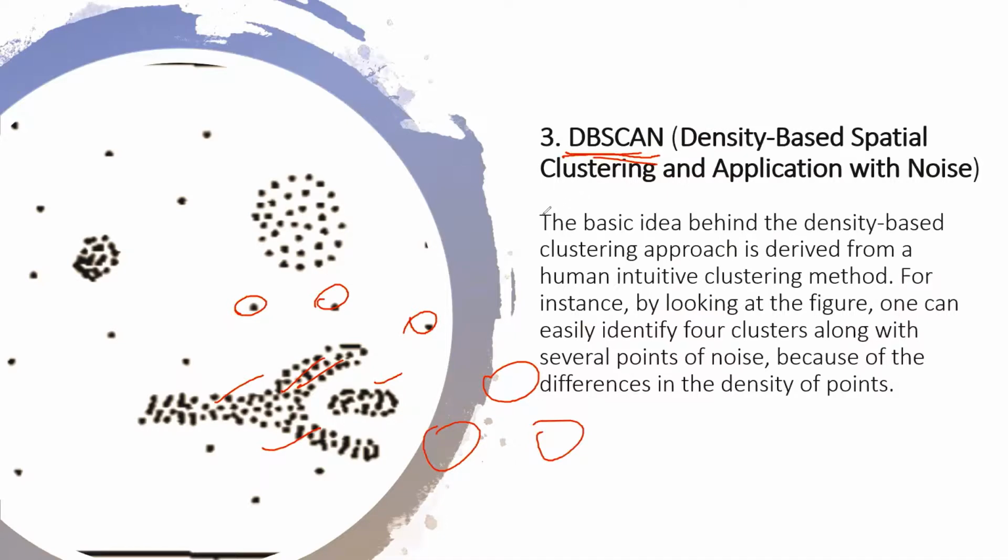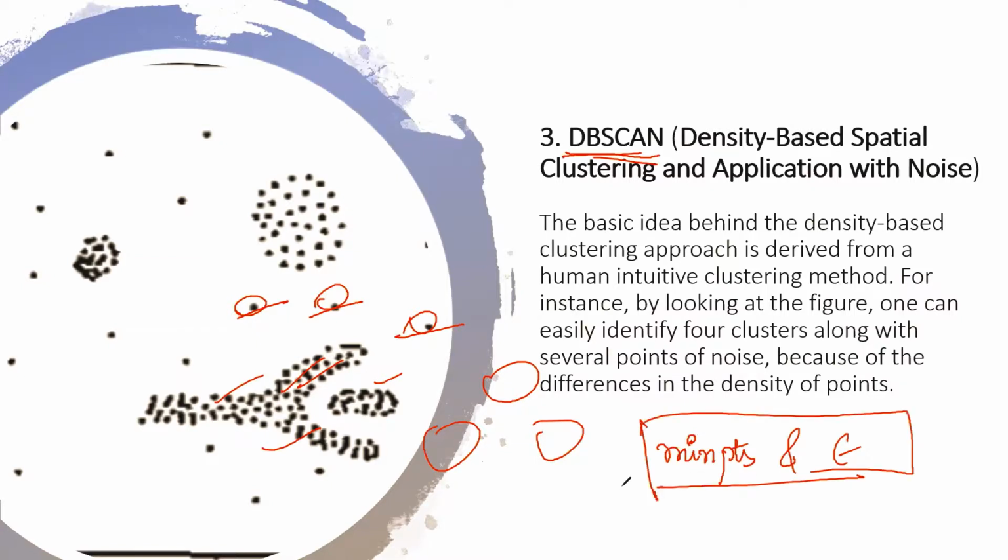Okay. So to remove these type of noise from your data, you are going to include two new parameters in DBScan called minimum points and epsilon. Okay, so we need to give these parameters to the algorithm, and the algorithm tries to remove the noise based on these two parameters. So what is epsilon?